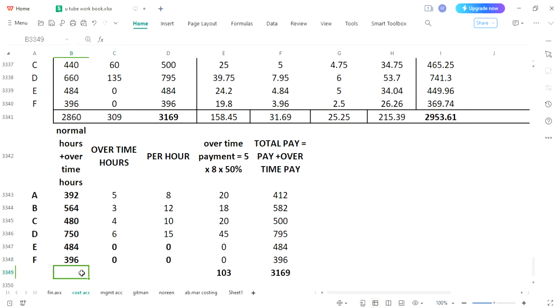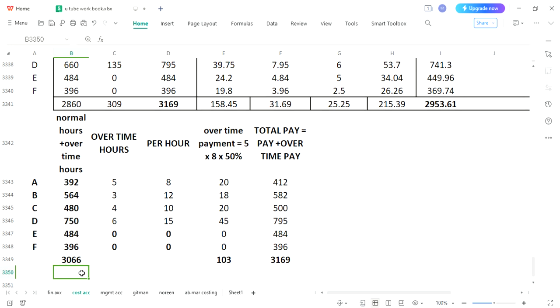These two answers would be different. Let's take the sum of simple payment as well. So answer you will see would be different. I'm taking sum of this whole column 3066 while answer was 2860, and overtime 103. Here overtime is 309, but ultimately you will get the same answer 3169 and 3169.